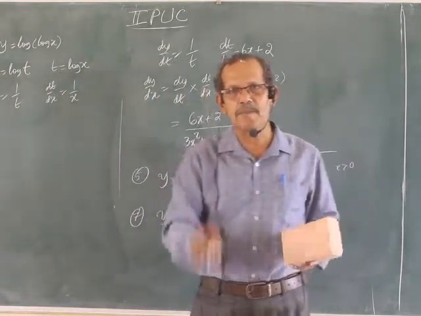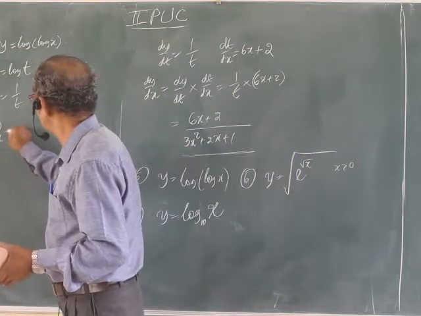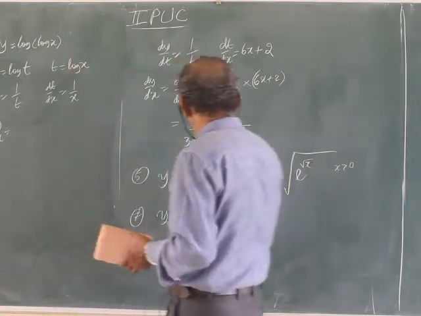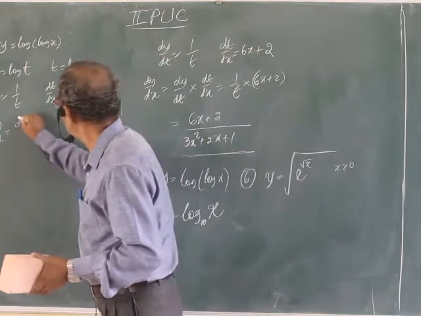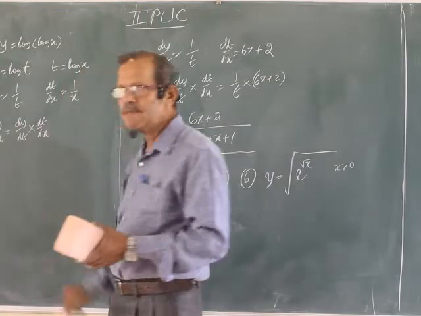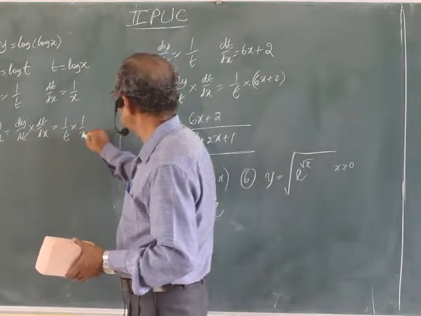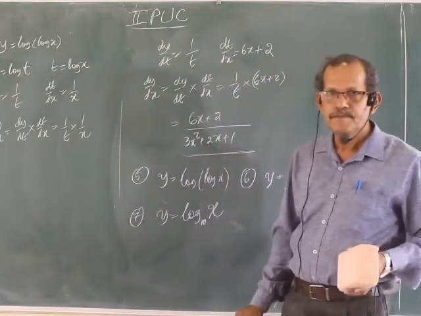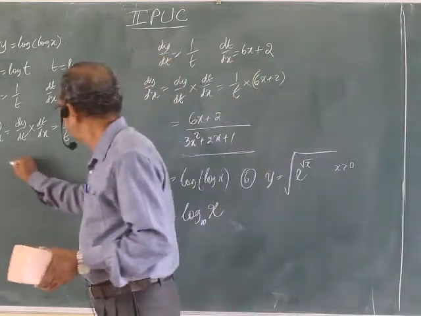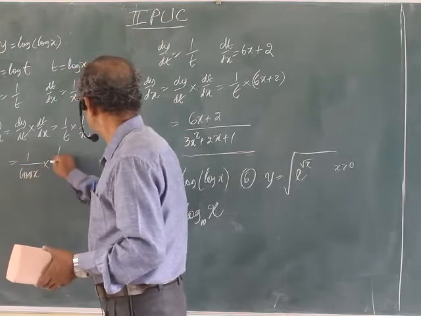Log t direct 1 by t, log x 1 by x. dy by dx equal to, write the formula, dy by dt into dt by dx. Our answer 1 by t into 1 by x, or 1 by t is log x, 1 by x.